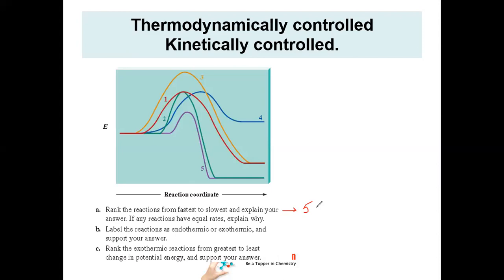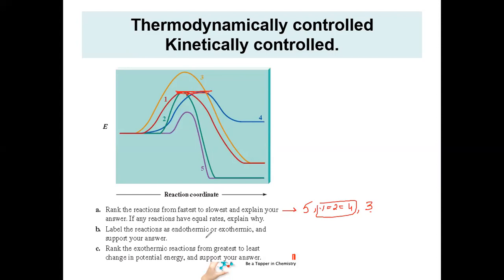Then 1, 2 and 4 are of the same activation energy. And the slowest reaction is 3. So these are the ones with equal rates. Why? Because the activation energy is the same. Sanvi and Jyoti, clear?